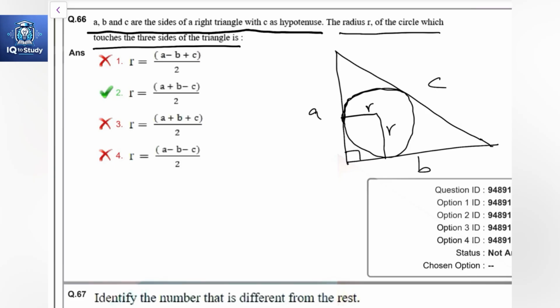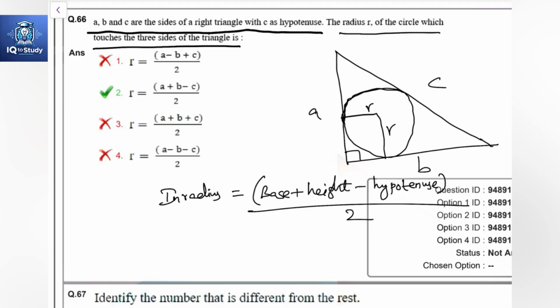We know that inradius is equal to base plus height minus hypotenuse divided by 2, which is equal to b plus a minus c by 2, that is equal to a plus b minus c divided by 2, which is option number 2.